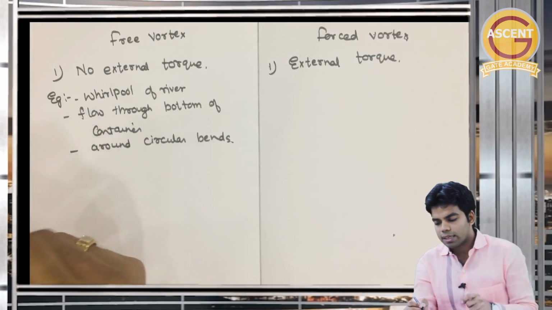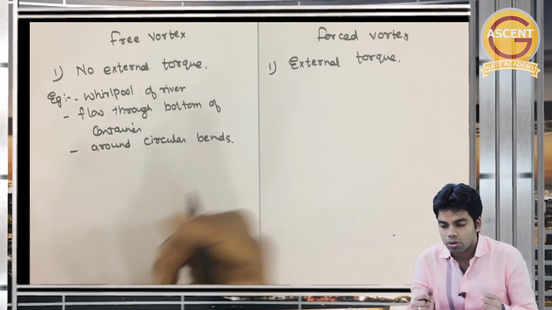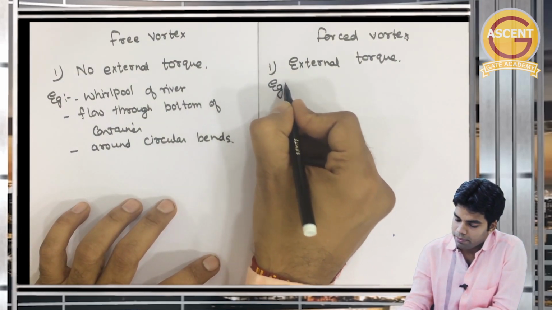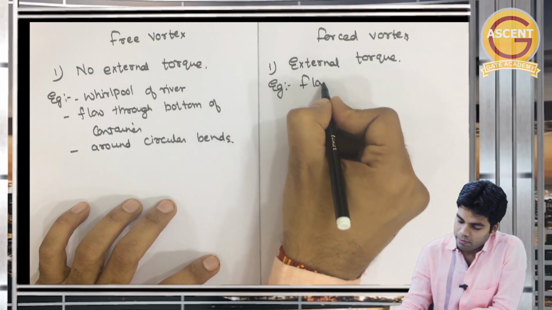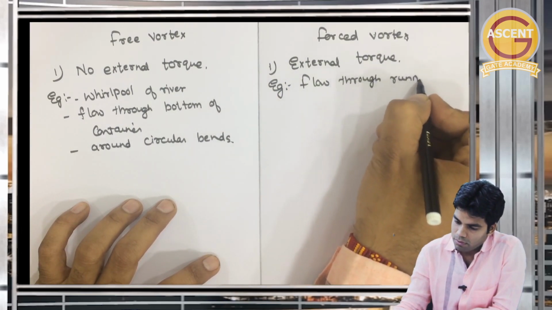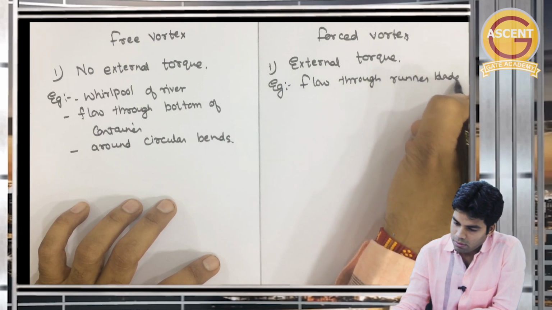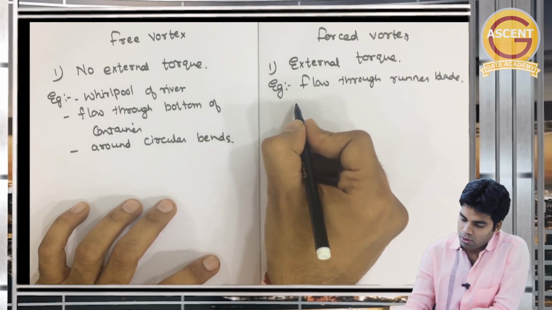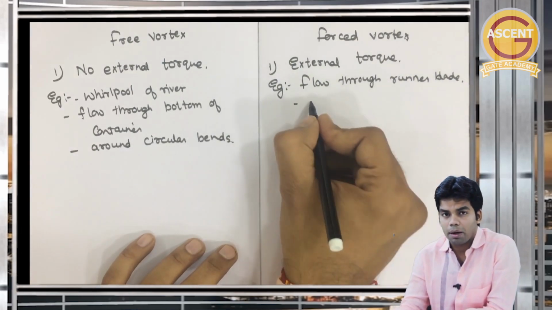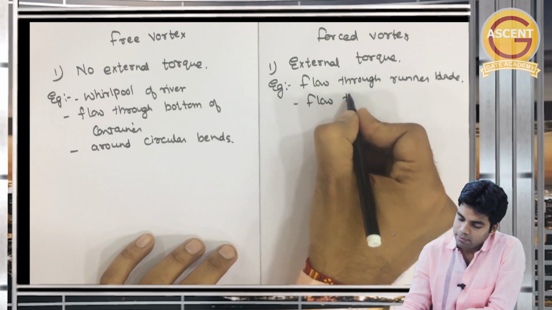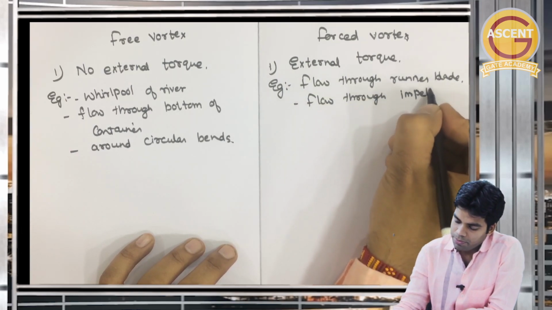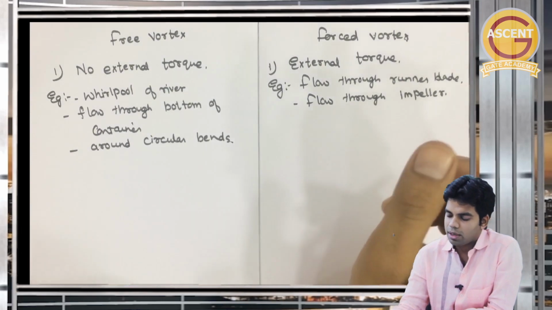Now forced vortex means there is an external torque, obviously. For example, the flow through the runner of a blade, or the flow through pumps, impeller pumps. All these examples are that of forced vortex.